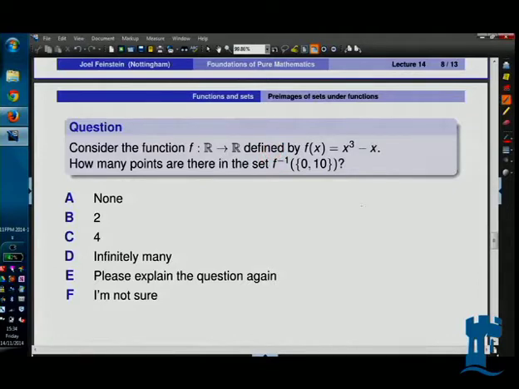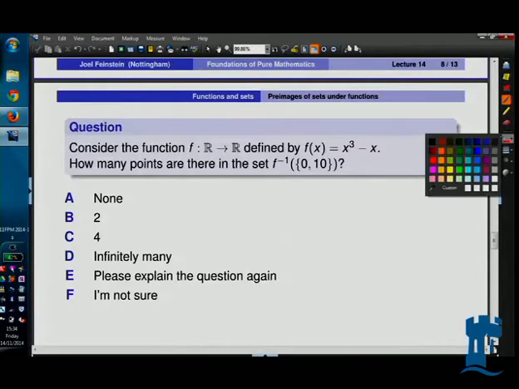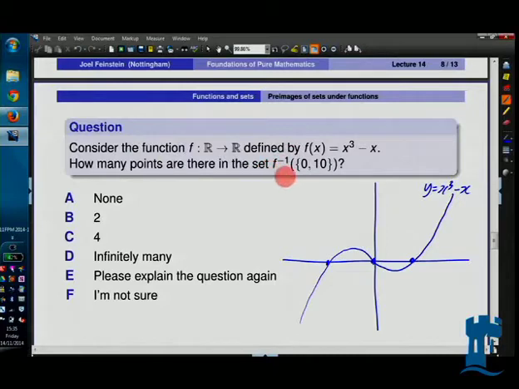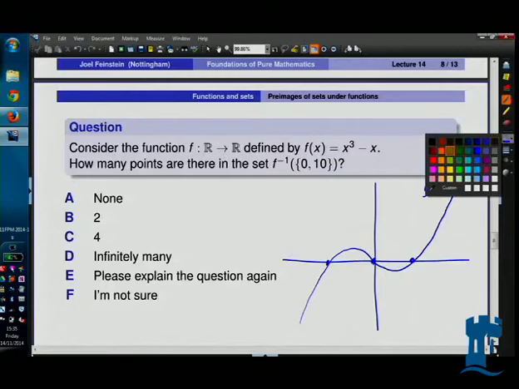I'm going to remind you what x cubed minus x looks like. The function y equals x cubed minus x looks something like this. And you'll be asked, how many points are there in the set preimage of this two-point set? And again, I'll just remind you what that means.